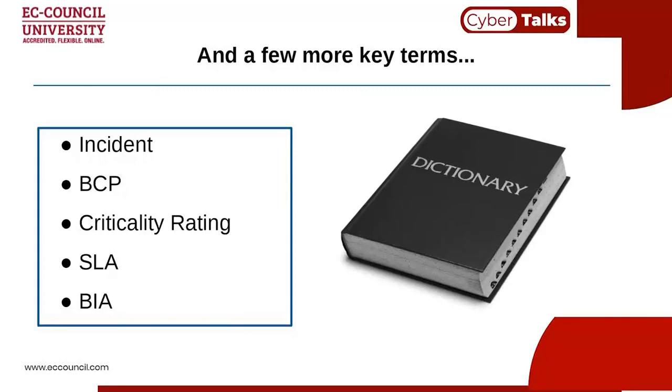Incident. An incident can be a lot of things, but an incident isn't always a DR. If you think about it, a DR is always an incident, but an incident isn't always a DR. An incident could be a router fails or a hard drive fails or something that you have to recover, but it's not going to force you to go to your disaster recovery plan.